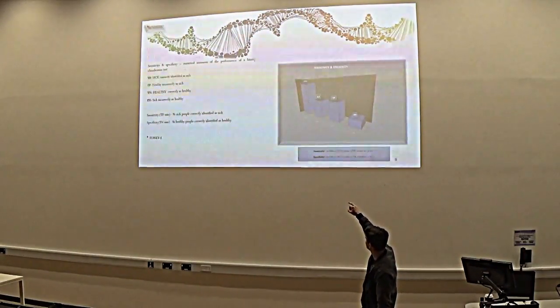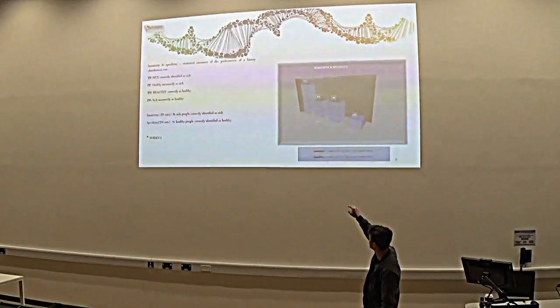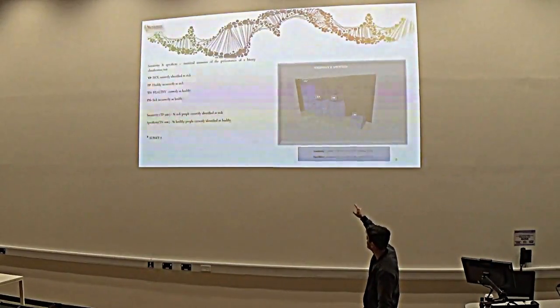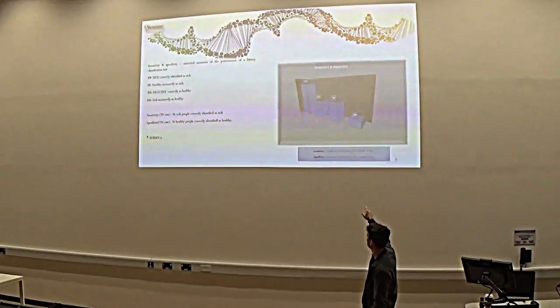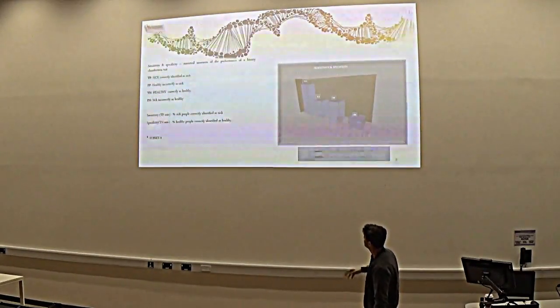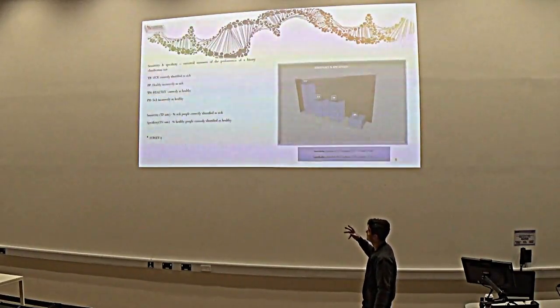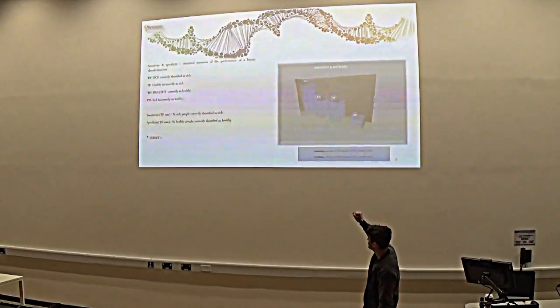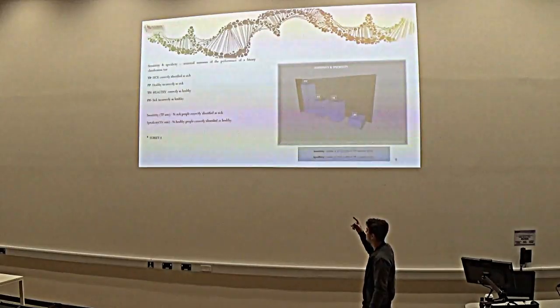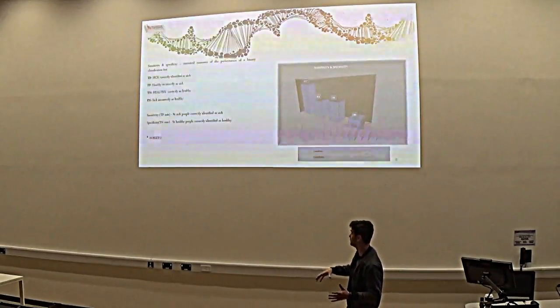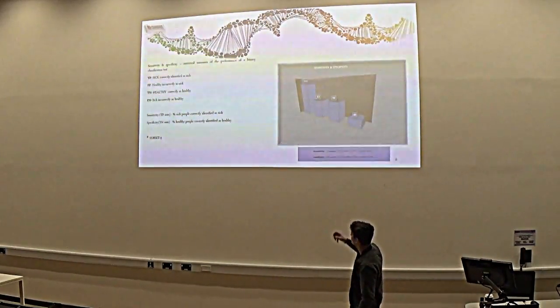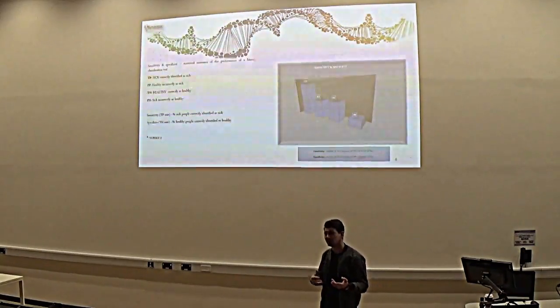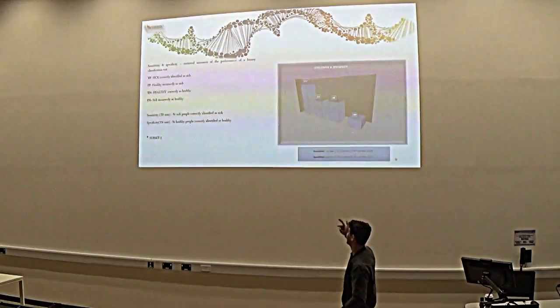In this graphic, you can see true positive, true negative, false positive, and false negative. True positive represents the sick people correctly identified as being sick. The true negative represents the healthy people correctly identified as being healthy. The false positive represents the healthy people incorrectly identified as being sick.